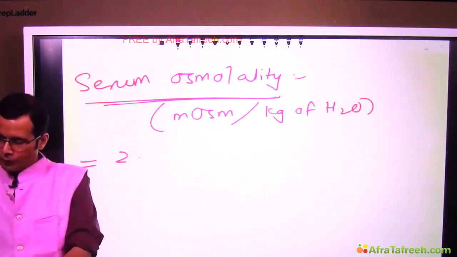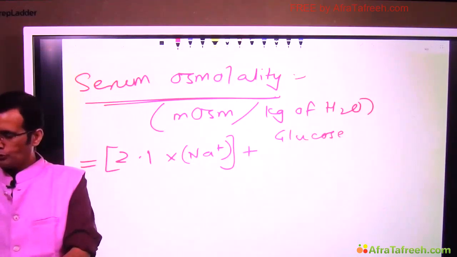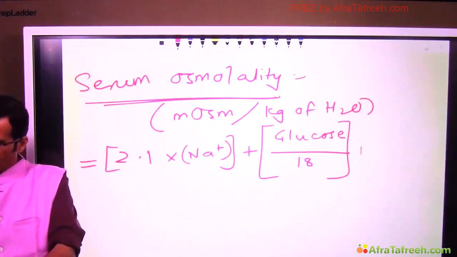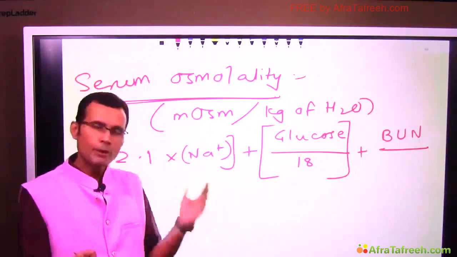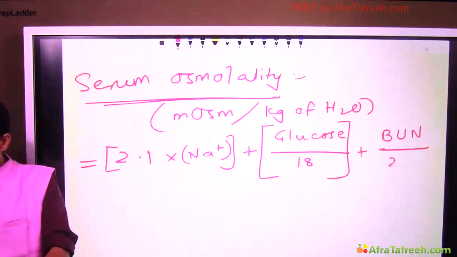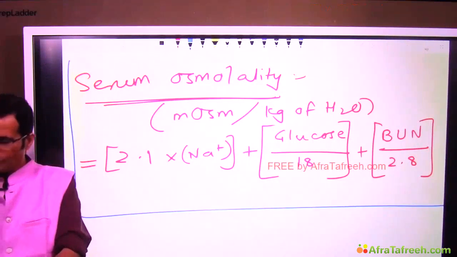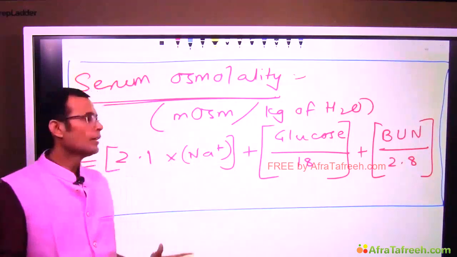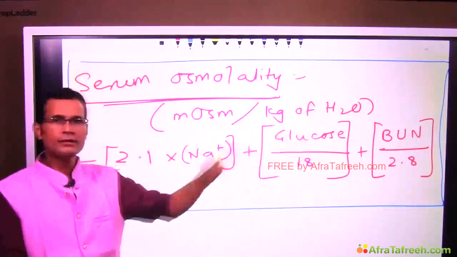It's equal to 2.1 into sodium plus glucose, whatever glucose level is given, divided by 18, plus BUN, urea or blood urea nitrogen, upon 2.8. That is the formula for calculation of serum osmolality. So sodium, glucose and urea are taken for the calculation of serum osmolality. Now you know, and you can calculate and answer that question.